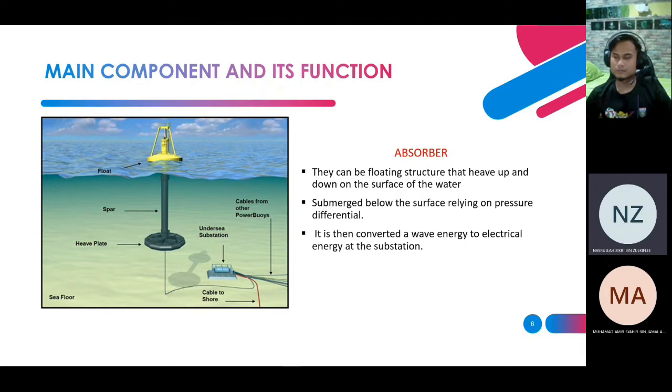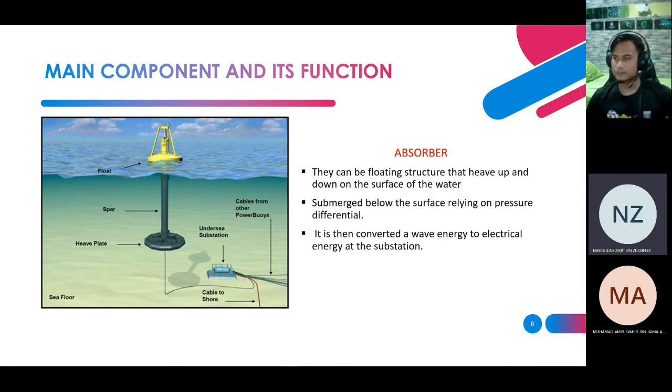It also has the substation cable. So the absorber can be a floating structure that moves up and down on the surface of the water or submerged below the surface, relying on pressure differential. It then converts wave energy to electrical energy at the substation.